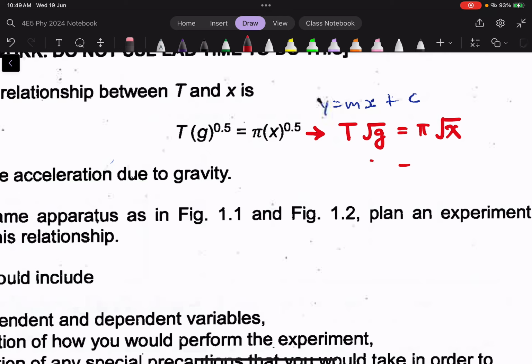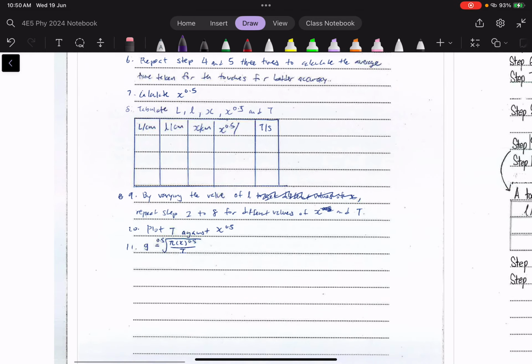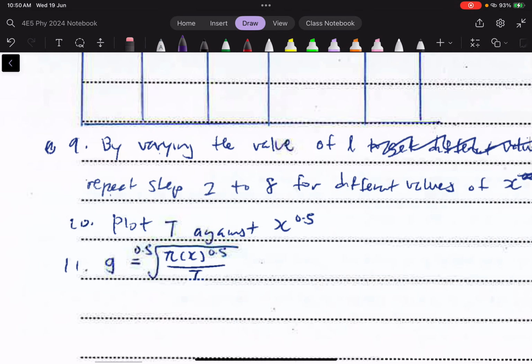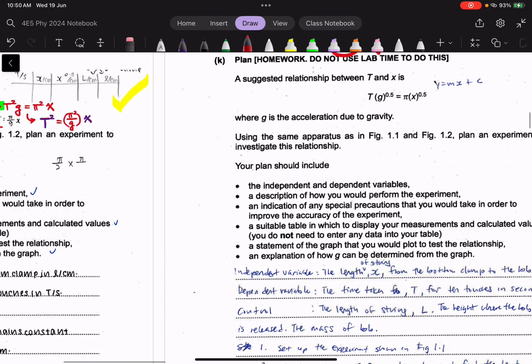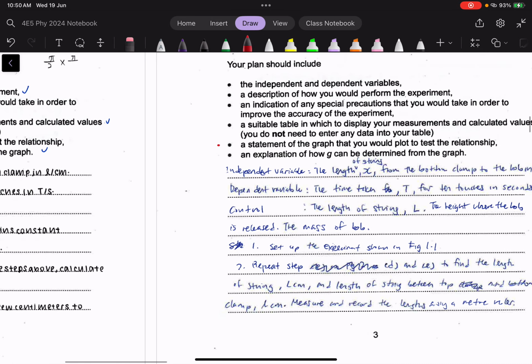So for her, she just made t the subject. Then down here will be pi over square root g, then square root x. So this is her y-axis, this is her x-axis. So it is accepted as well. So for this particular lady, this statement is correct. Okay, so she will score the 1 mark for this.